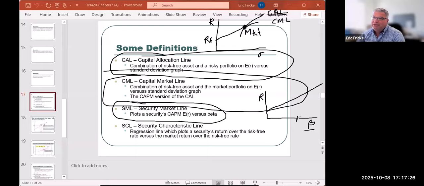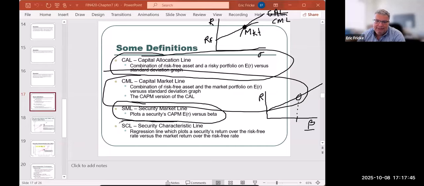You tell me the beta for a stock, and I can calculate using the CAPM model what the expected return is going to be. That's the security market line. Not the capital market line for your portfolio, but for a specific security, using risk as defined by beta to calculate the return.